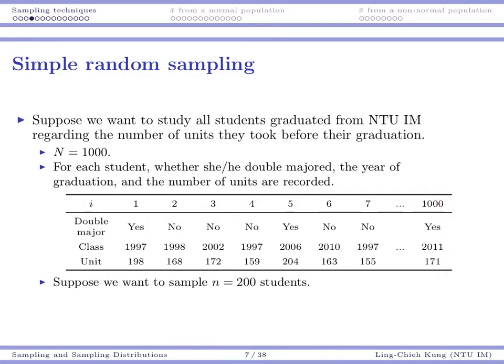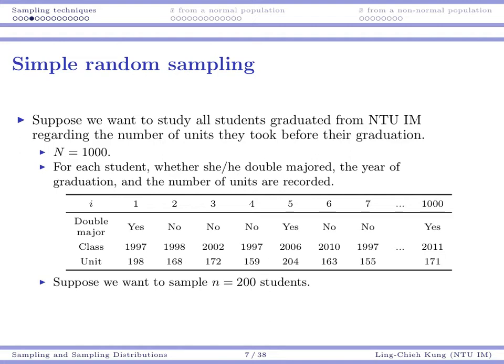I somehow number all the students, maybe in alphabetical order. Then for the first student, I know whether he double majored or not, the year of class, and the units, and so on and so on. I'm going to have 1,000 student records. But now I just don't have this table.